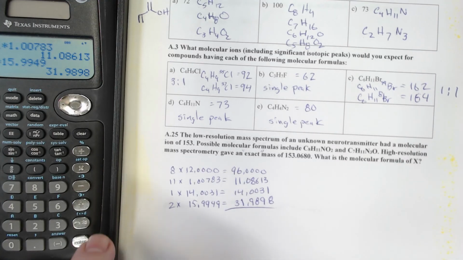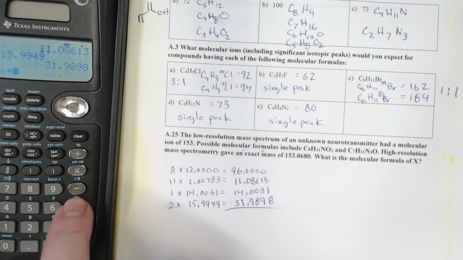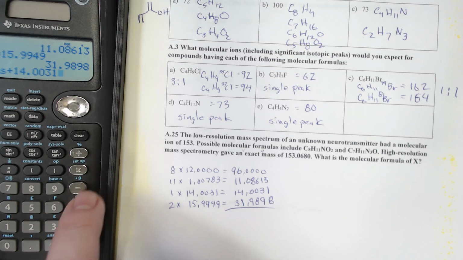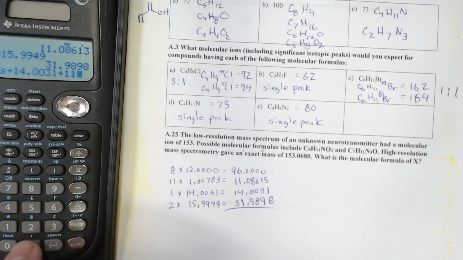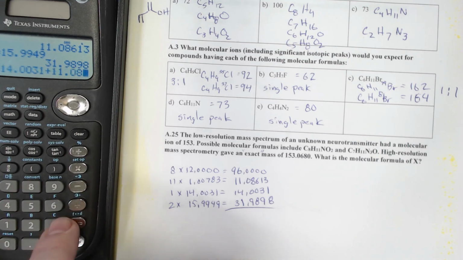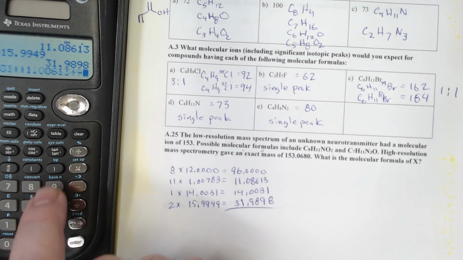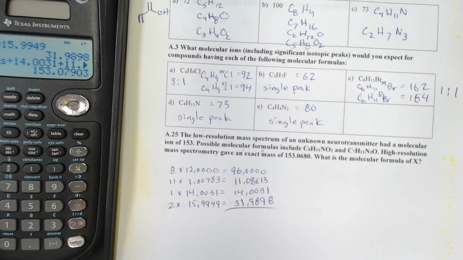Now we can add these together. 31.9898 plus 14.0031 plus 11.08613 plus 96.000.